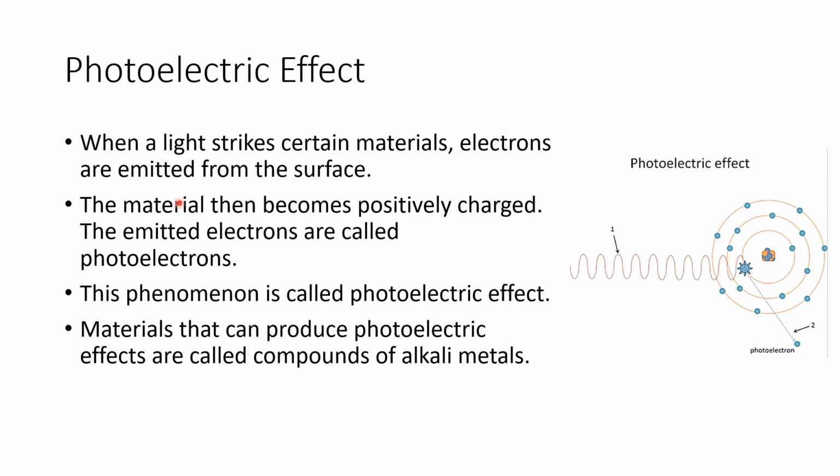Electrons are emitted from the surface when the light strikes. Light can go straight into the atomic level, very small penetrating light, so they go and disturb the orbits. When they disturb the orbits, electrons come off. And we call that the photo, for light, electric, for electrons from your atoms, effect.